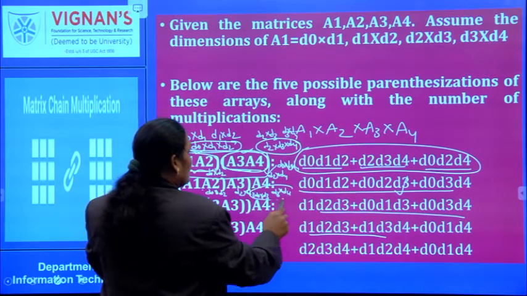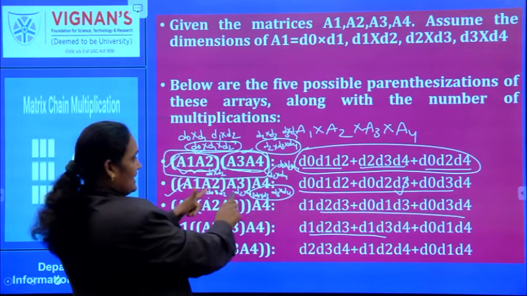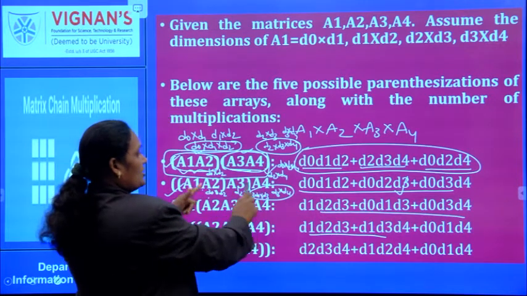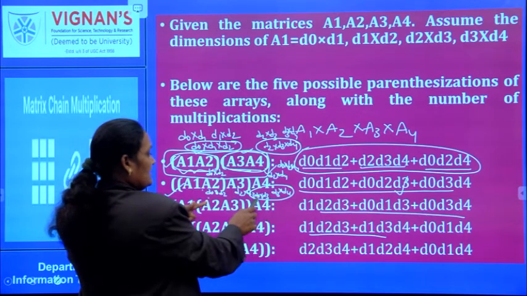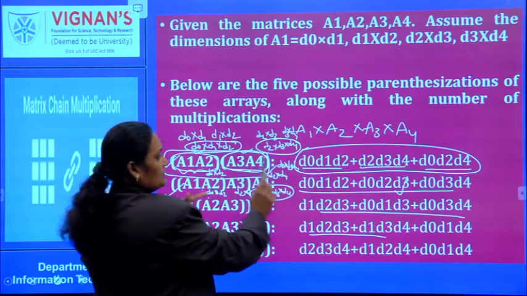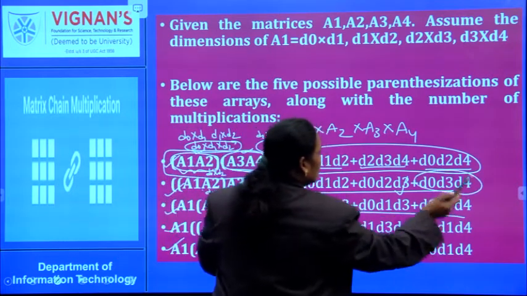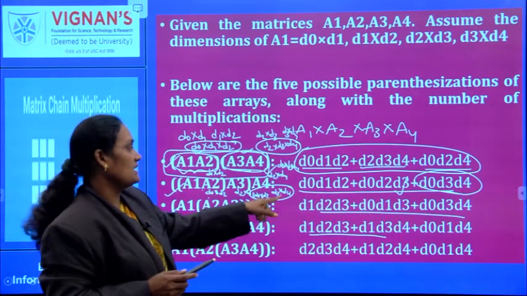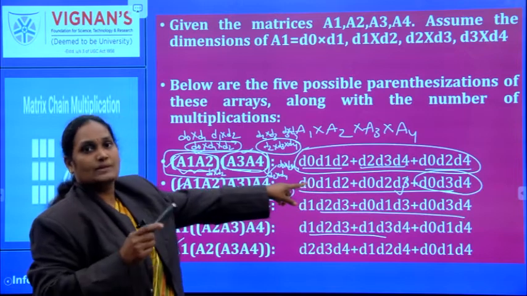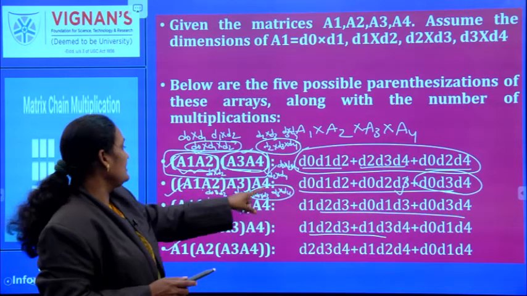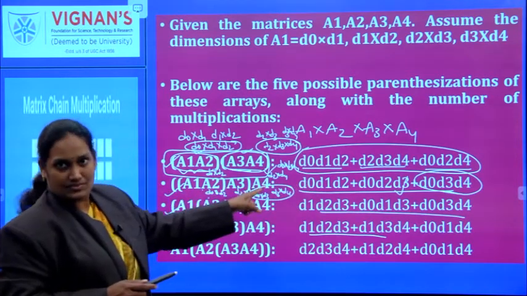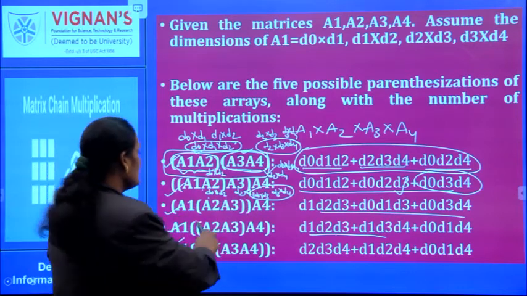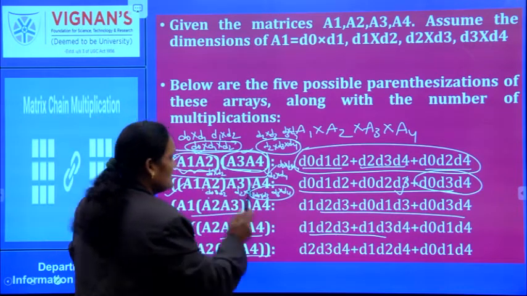How many multiplications are required to multiply the resultant matrix with A4? D0 into D3 into D4. By adding all these numbers of multiplications, we get the total number of multiplications required to complete this sequence of multiplication. In the same way, you can work it out for these also.